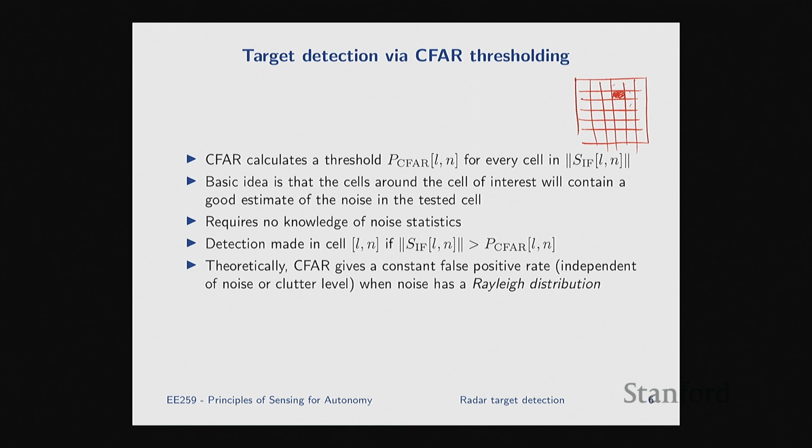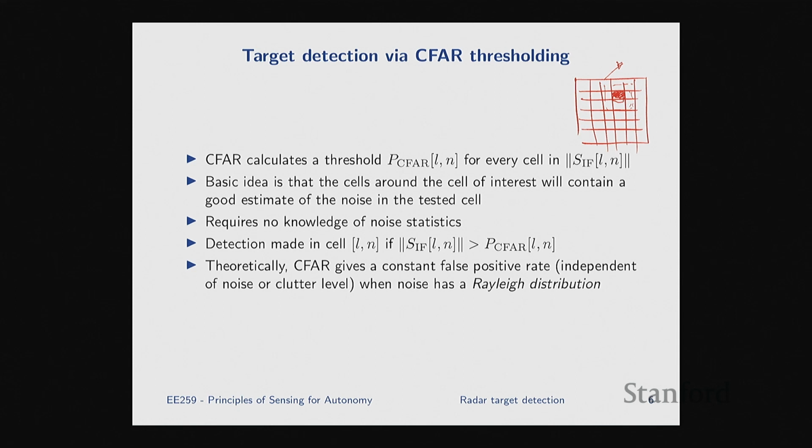So if you have a target in one cell, the cells around it are mostly noise. If you average the value of the cells around the target, that gives you a good idea of the local noise floor where that target is. So you can compare the value of each cell to the average of the cells around it, and if it's much bigger, then you say that's a target, because around it, it's just noise.